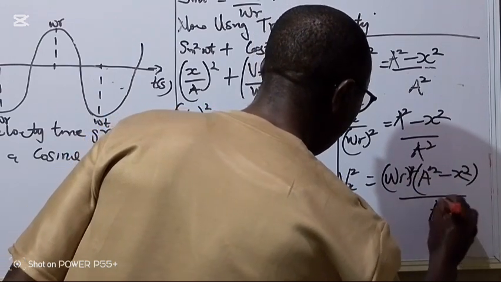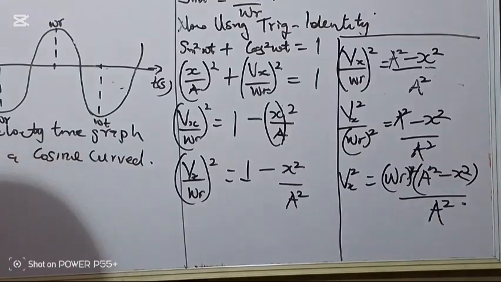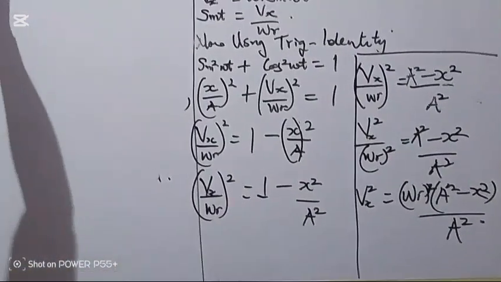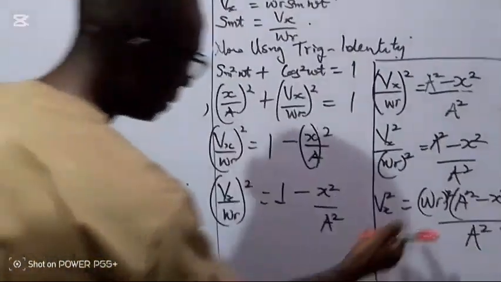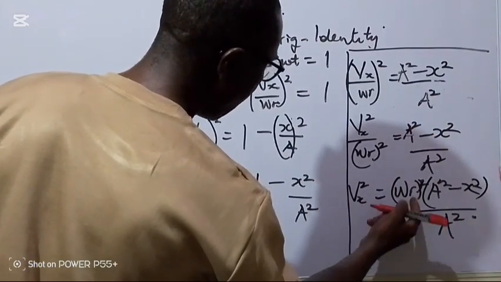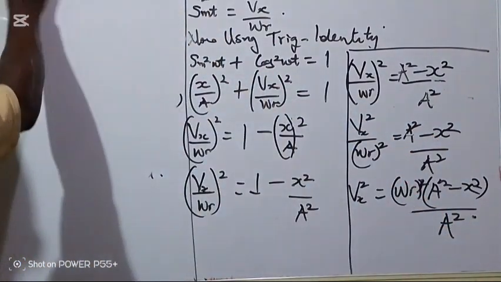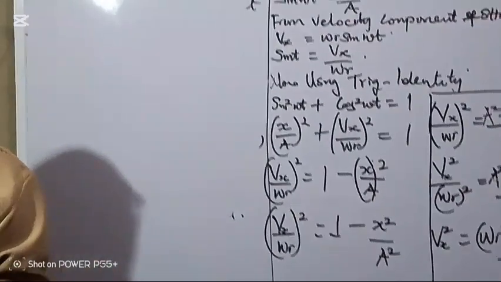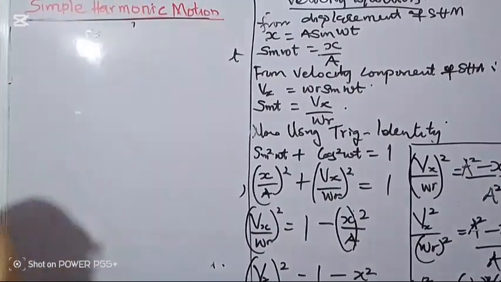Now, don't forget that I said the other time that this our r, we borrowed that r from uniform circular motion, is equivalent to a, the amplitude.